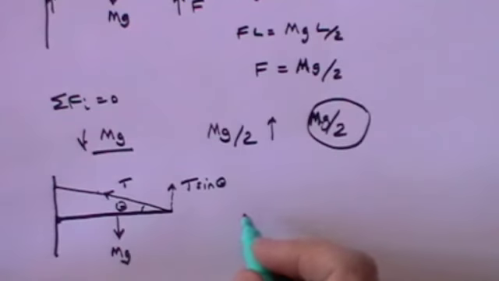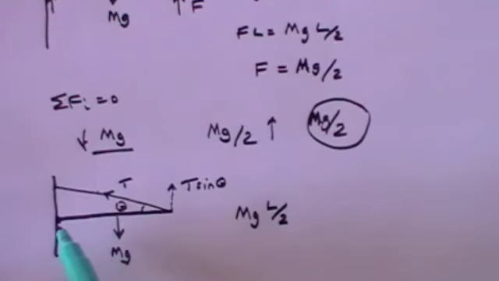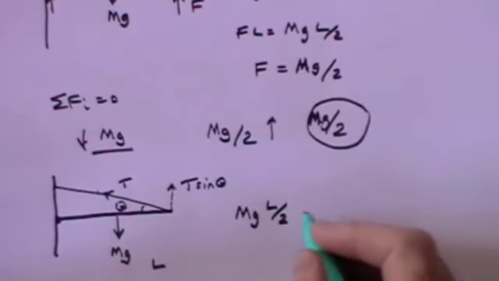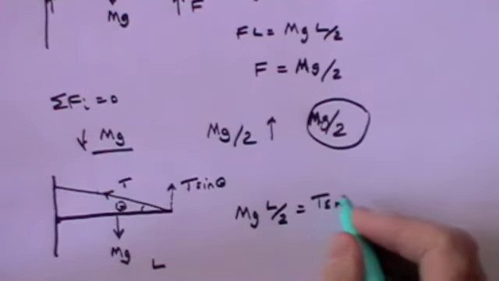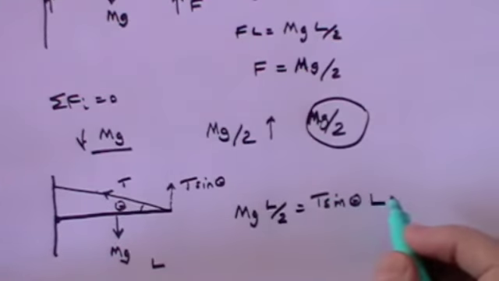In the downwards direction, we've got, as we had before, Mg times L/2. The force times the distance. The length of the rod is L, so the distance here is L/2. Going in the other way, you've got T sine theta times the distance, which is L.